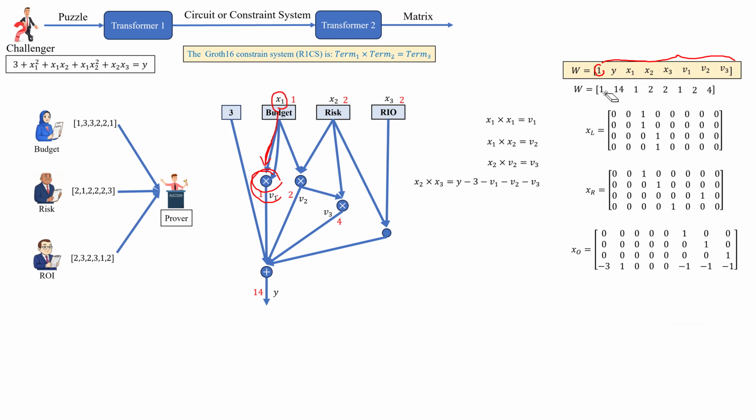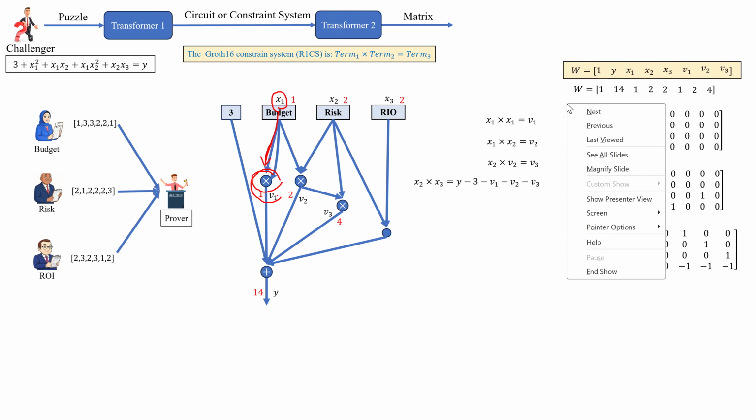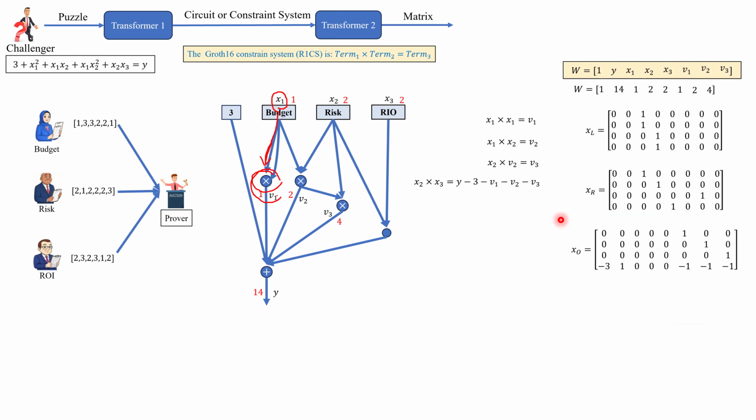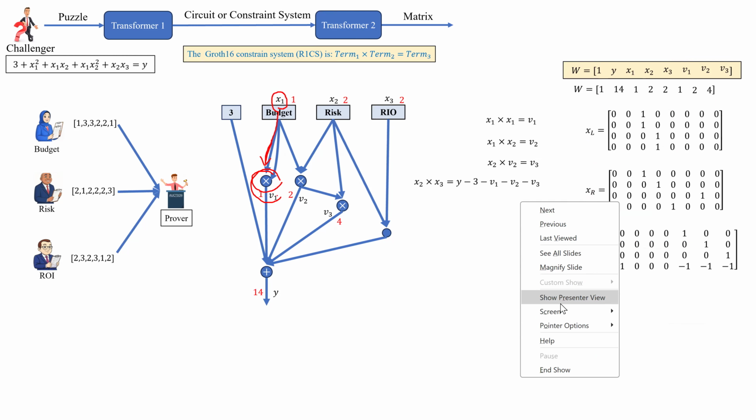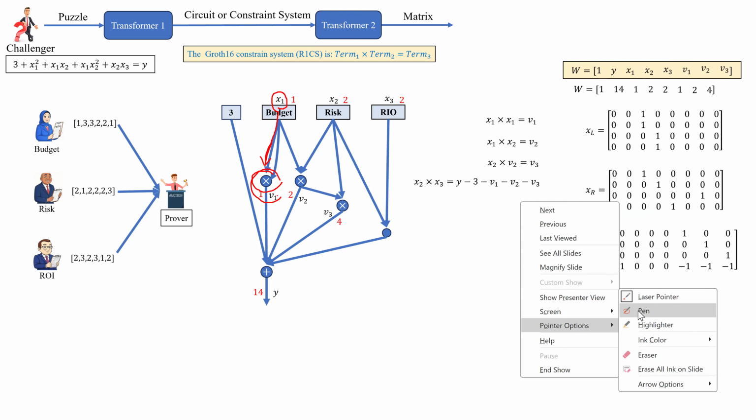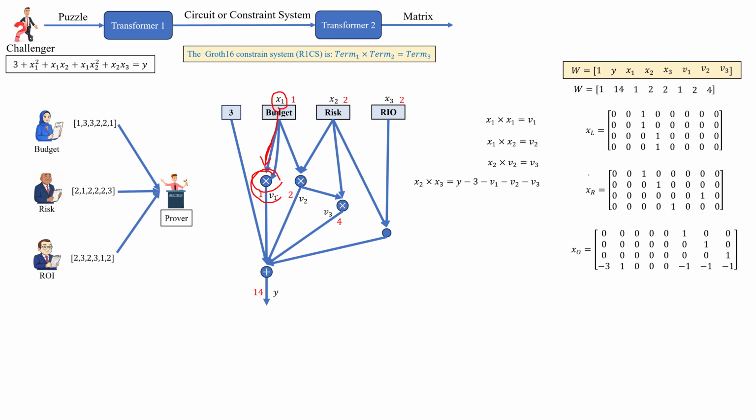Okay, since we focused on gate number 1, let's check the first row in matrix XR, which shows the right input in gate 1, right? What is the right input of gate 1? The right input of gate 1 is again X1, right?